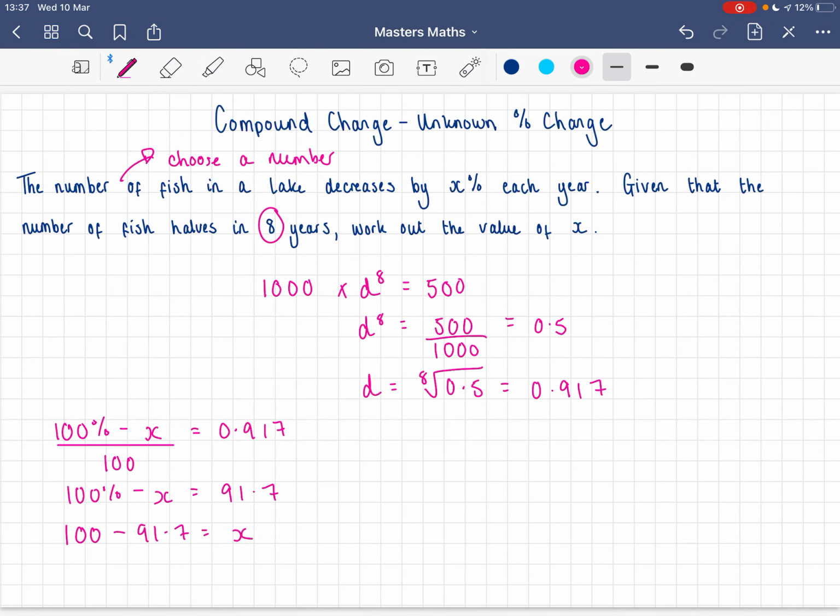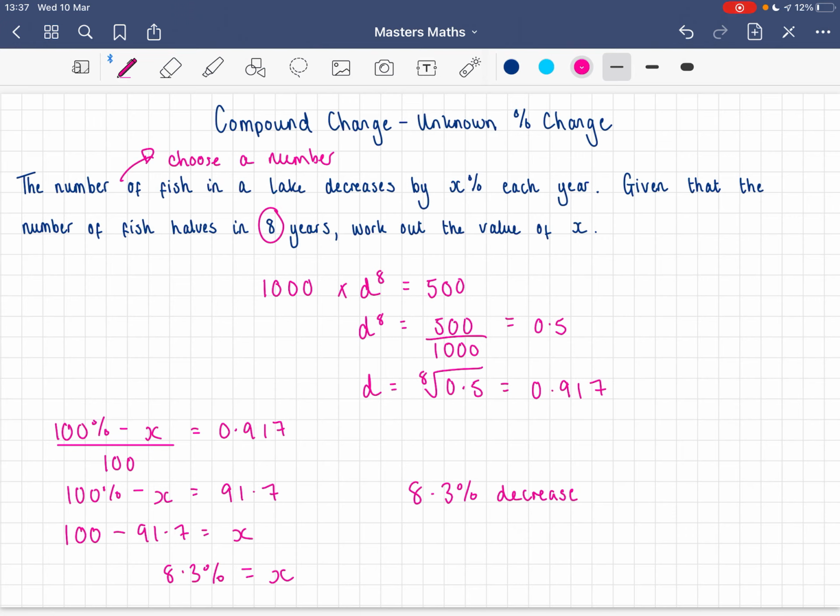So I've added x and then subtracted 91.7. Whatever that gives me, that gives me 8.3. 8.3% is equal to x. So it was an 8.3% decrease each year.